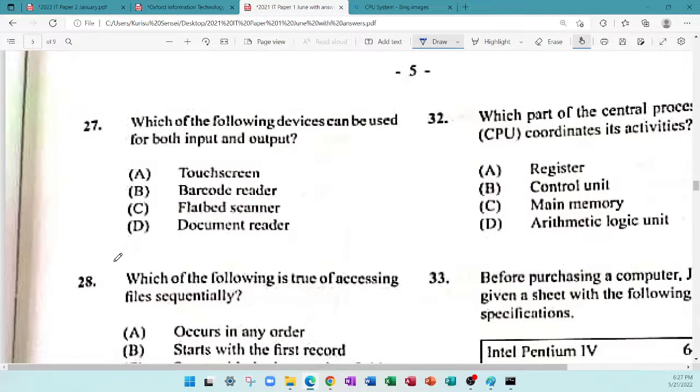27. Which of the following devices can be used for both input and output? Touchscreen. Good. What's a barcode reader? The thing used to scan the bars on products in a supermarket. Good. So it scans the barcode on your item. What information is in a barcode?